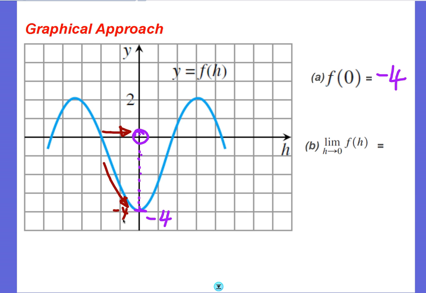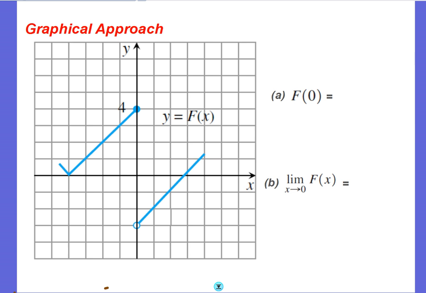From the right side, when h is approaching 0, y will be approaching negative 4. So from the left side and from the right side, we get the same value. So it means that the limit as h approaches 0 of f of h is negative 4, because from the left side and from the right side you get the same value.